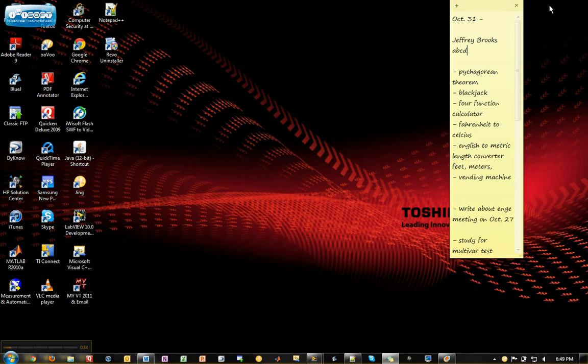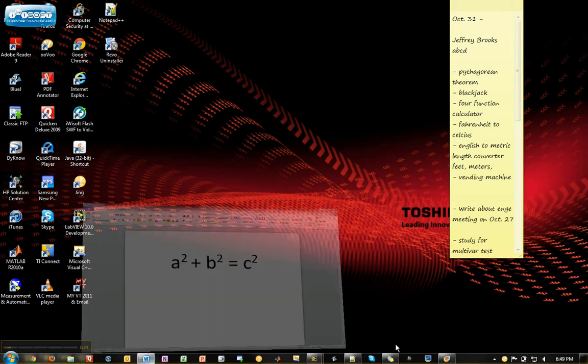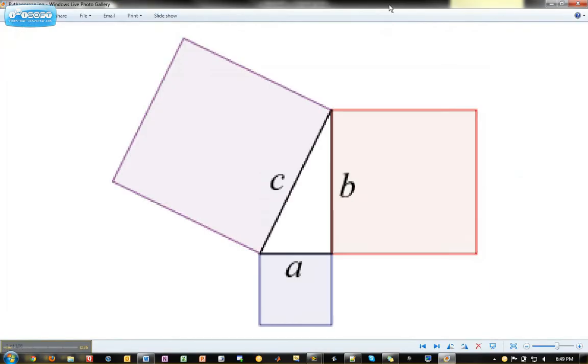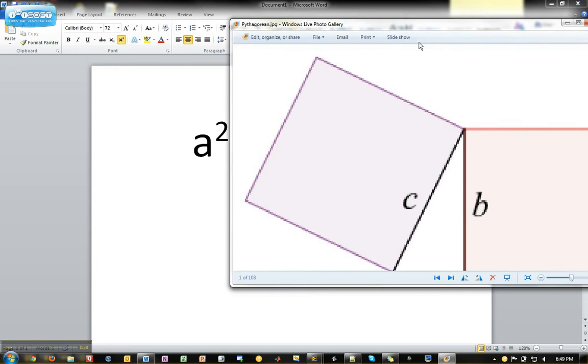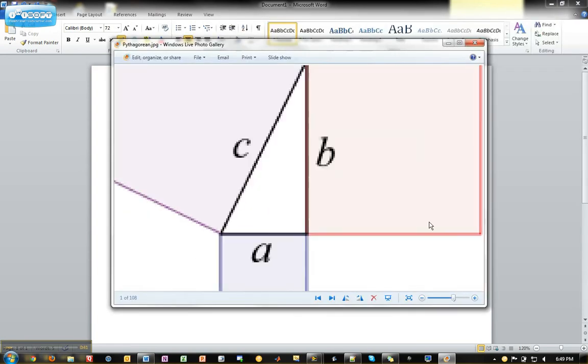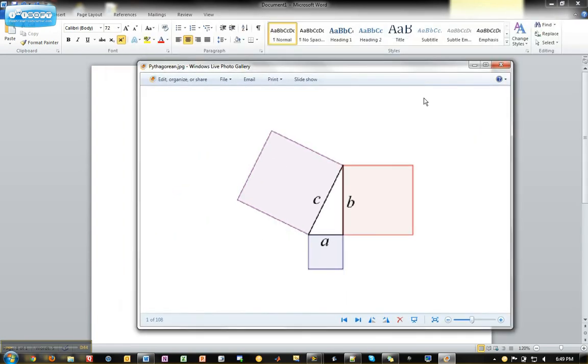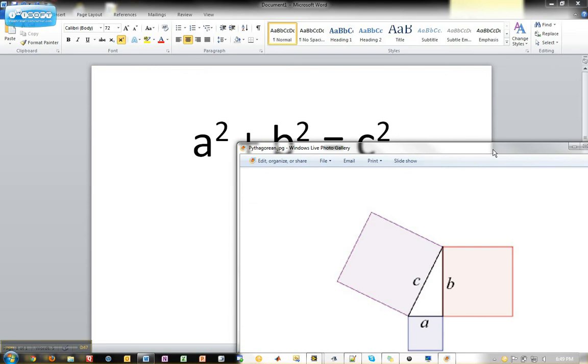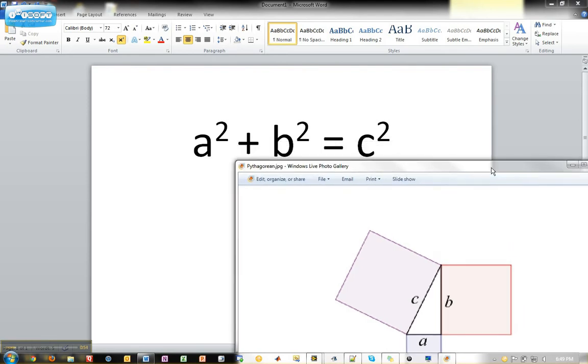Now, what the equation tells you is that you have A squared, which here means that you square the side that A is, so it creates a square with one edge being side A of that right triangle. B squared does the same thing.